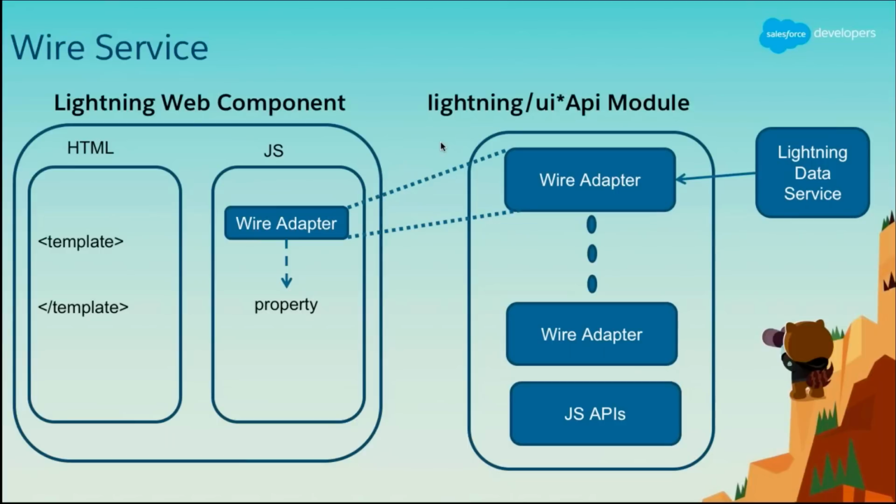As we saw in our earlier webinar, where we used track to make a property reactive, @wire by itself is reactive. So you need not use any track there. You can use one decorator there. If you use the @wire decorator, it automatically sends the data to your HTML where you can render it.